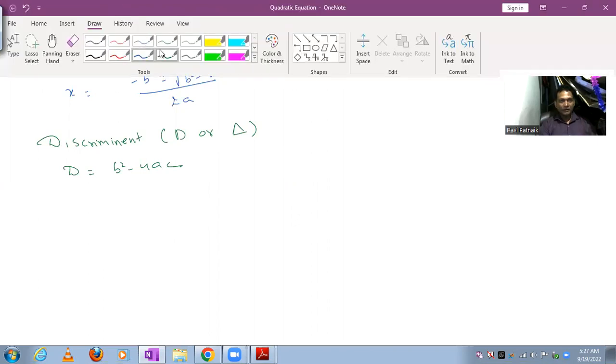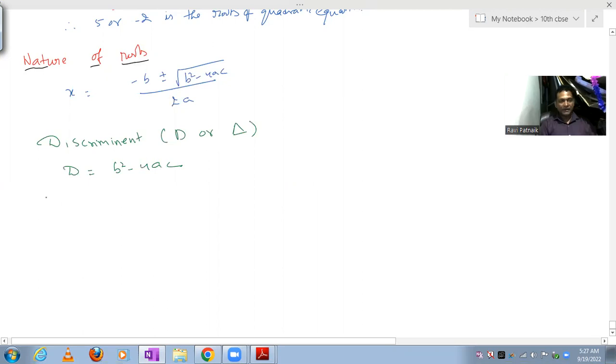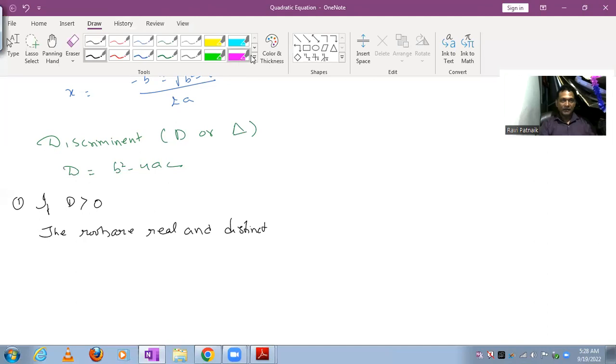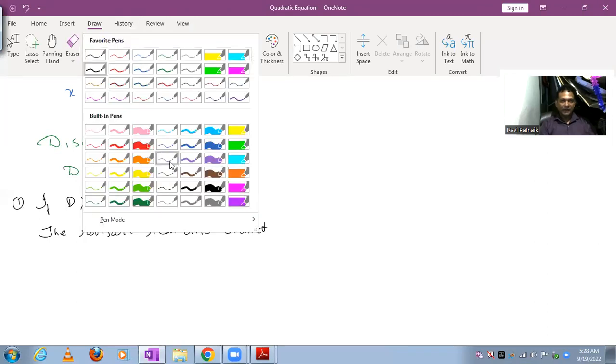So this discriminant will tell you about the nature of roots. Suppose if discriminant D is greater than 0, first condition, the roots are real and distinct. Distinct means what? Different. The roots are real and distinct, meaning the roots are different and they are real.